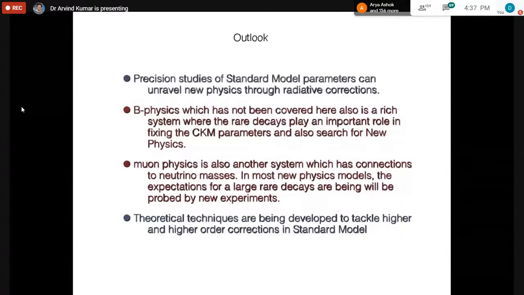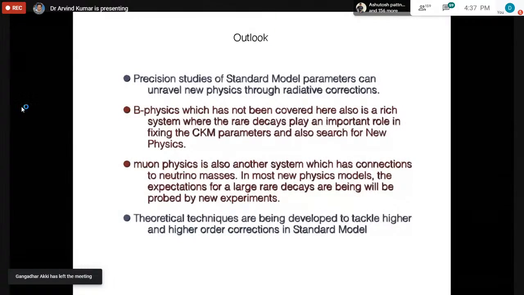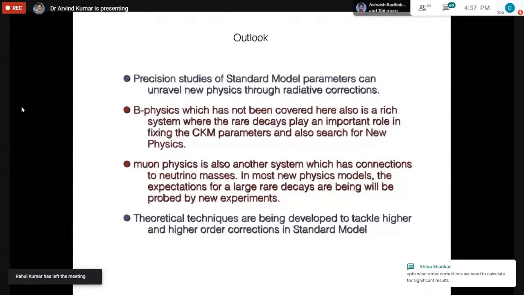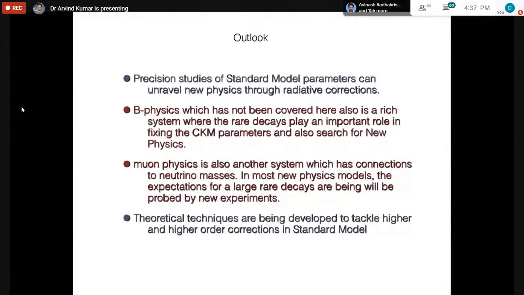Why rare physics is interesting is because if your background is 0, you can see any modification to this background very easily, compared to when the background is very large. If you have a very large process already, a small variation to that process is very hard to detect. But if the process is supposed to be 0 in the standard model, and you observe it, that tells you that there is new physics.